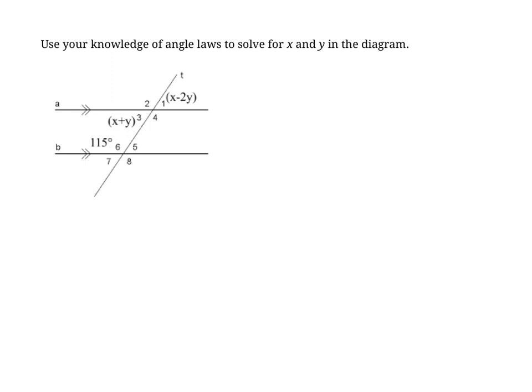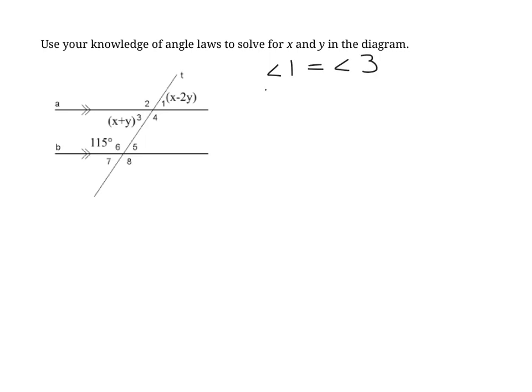So let's start with angle number 1 and angle number 3. These are angles that are opposite from each other. And in math, angles that are opposite from each other are equal to each other. So I'm going to write that down on the side here. So I know that angle 1 is equal to angle 3.